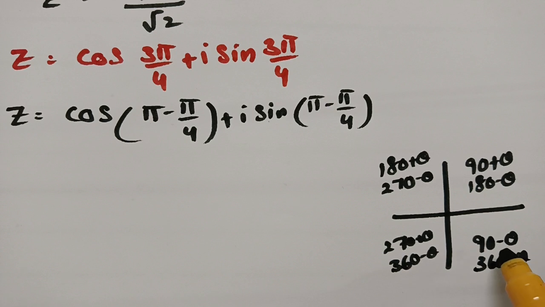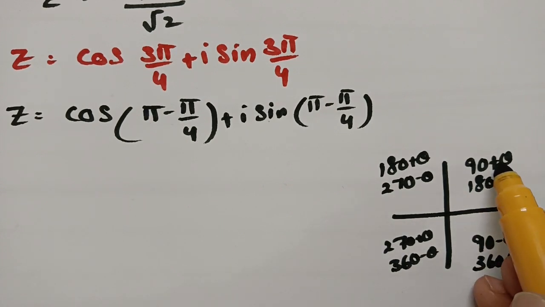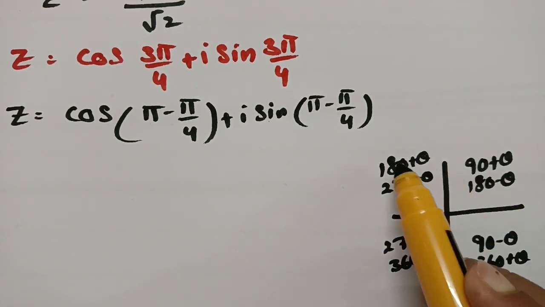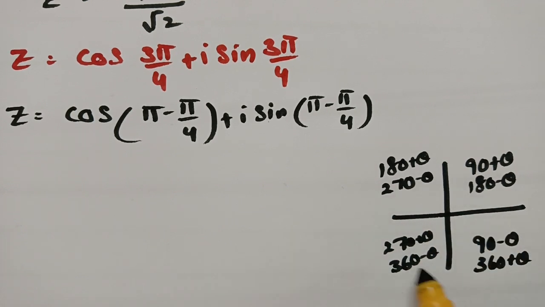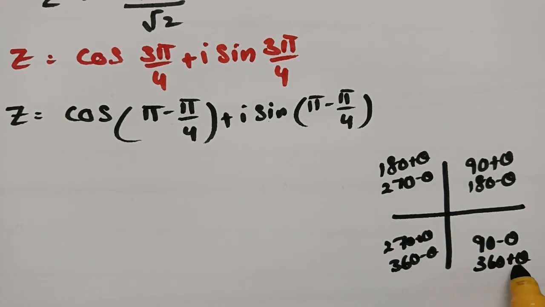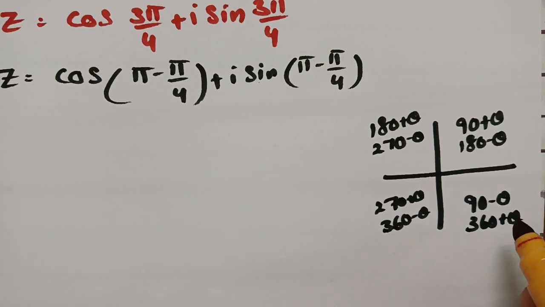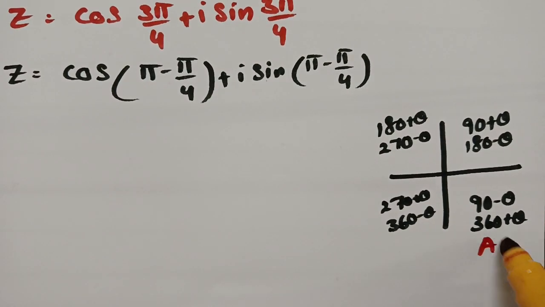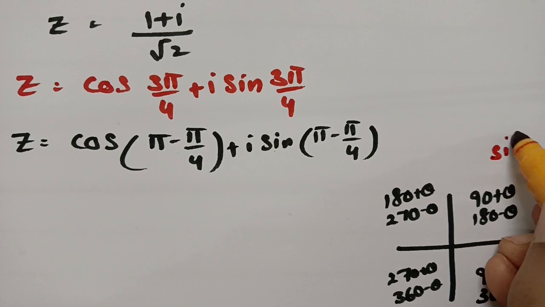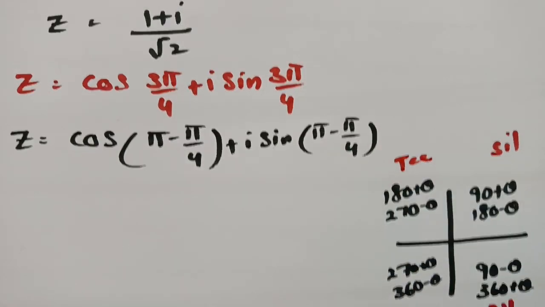We have to start with minus and end up with plus. I have started from this, so this is the first quadrant. This is all silver tea cups.